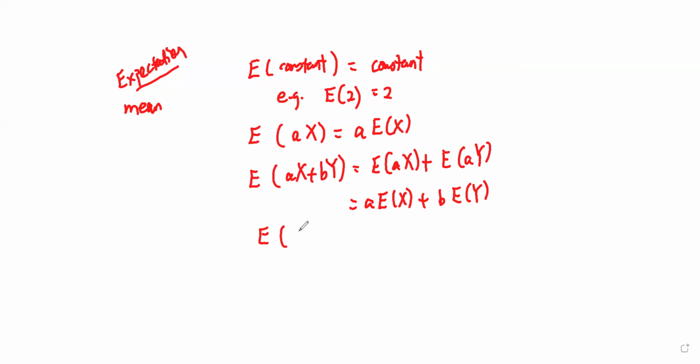Now, there is also the expectation of x minus y, which will give you the expectation of x minus the expectation of y. So these are all the relevant formulas pertaining to your expectation.